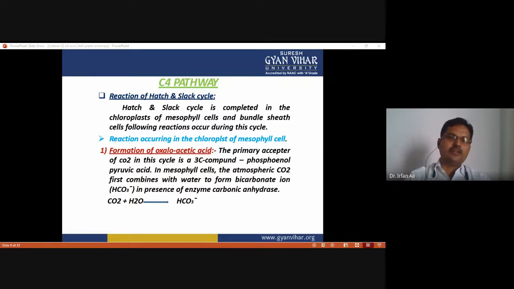The formation of oxaloacetic acid is the first step in the Hatch and Slack cycle.